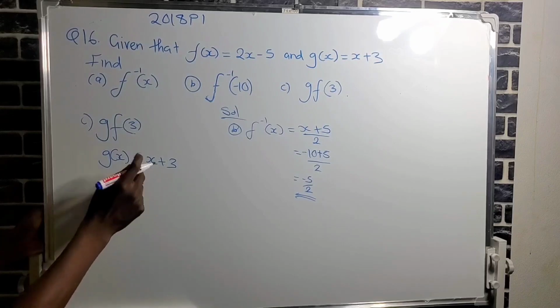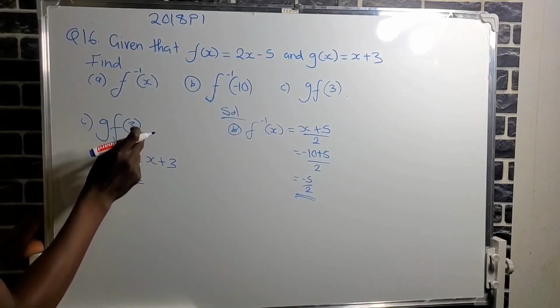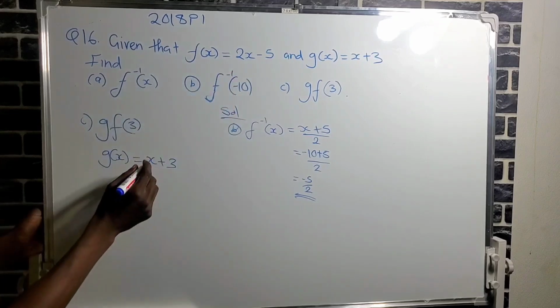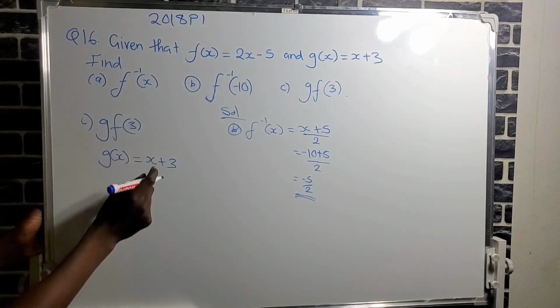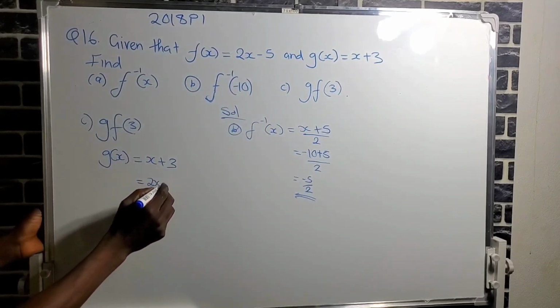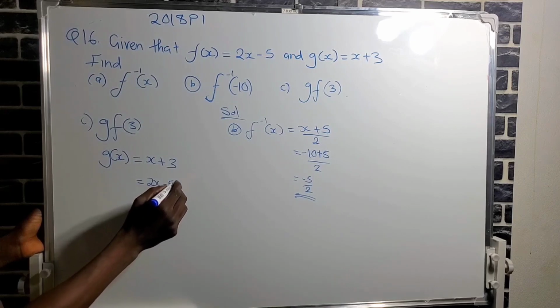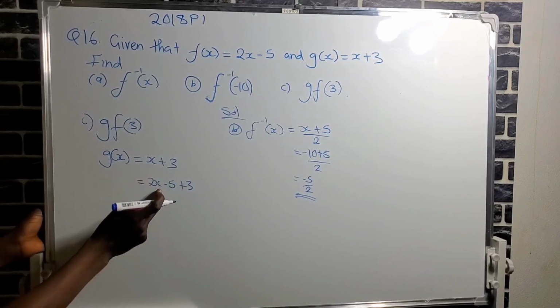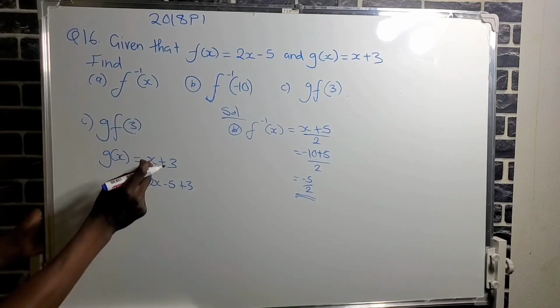Okay, now in the g function where there is x, we substitute the f function, which is 2x minus 5. So I'm going to replace this x with 2x minus 5 plus 3. So this one here has replaced x.